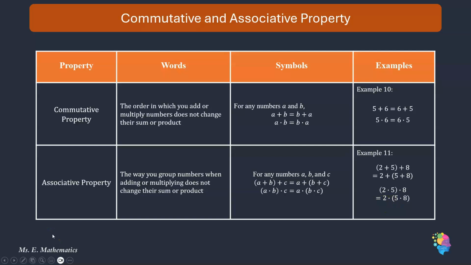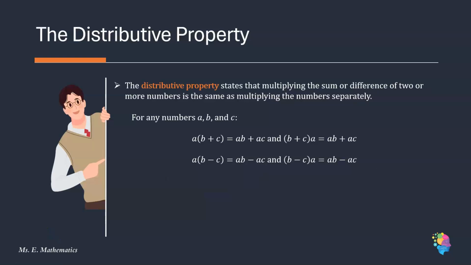All right, the last property that we are going to go over is the king of properties, the distributive property. The distributive property states that multiplying the sum or difference of two or more numbers is the same as multiplying the numbers separately. Let's see if we can clarify that using symbols.